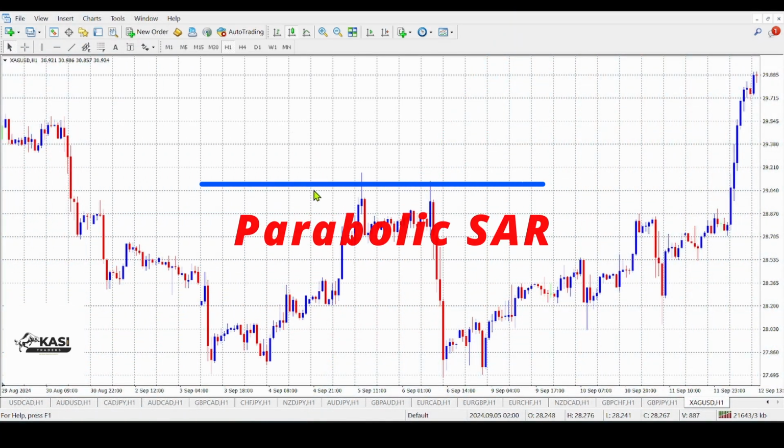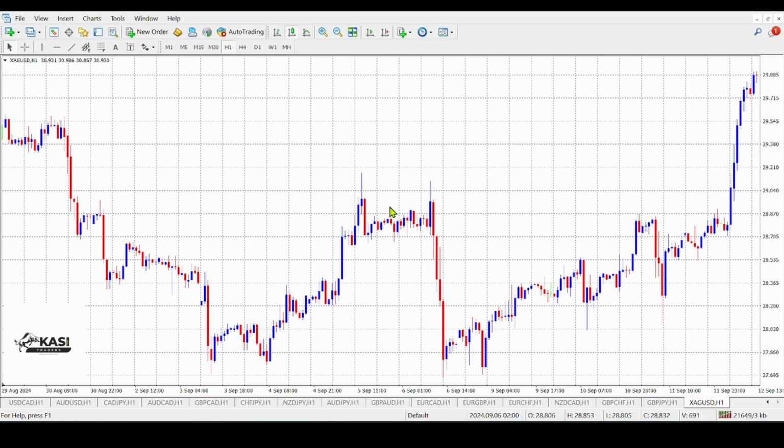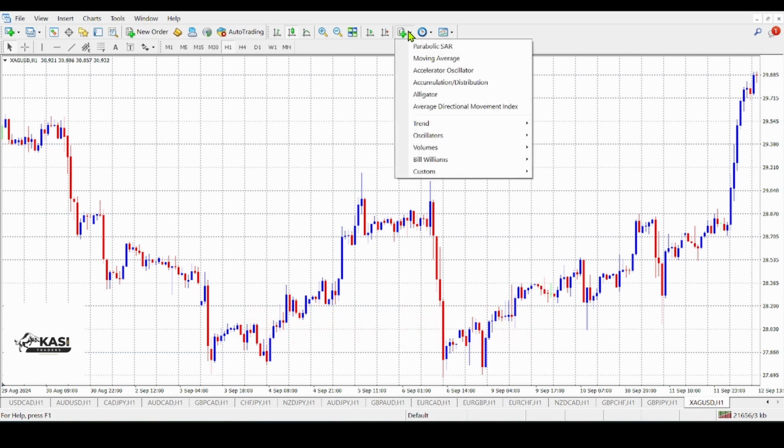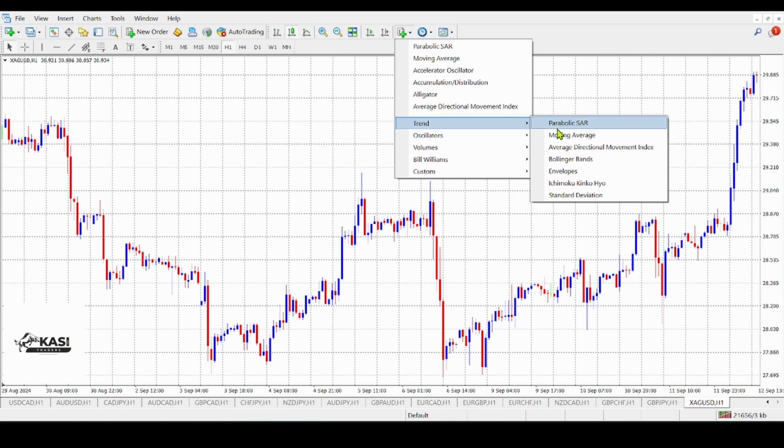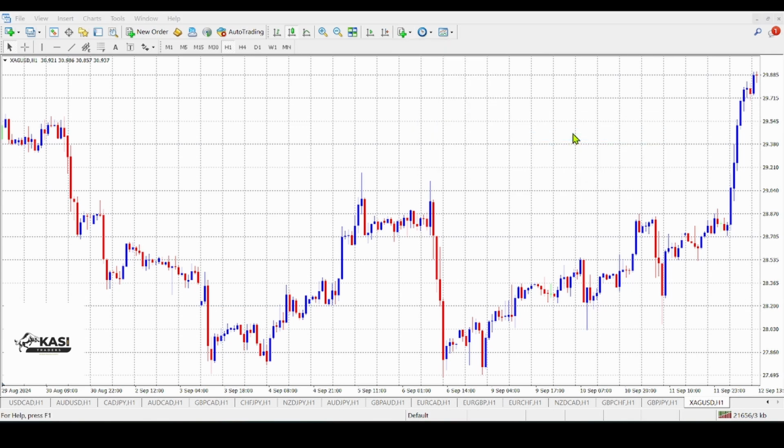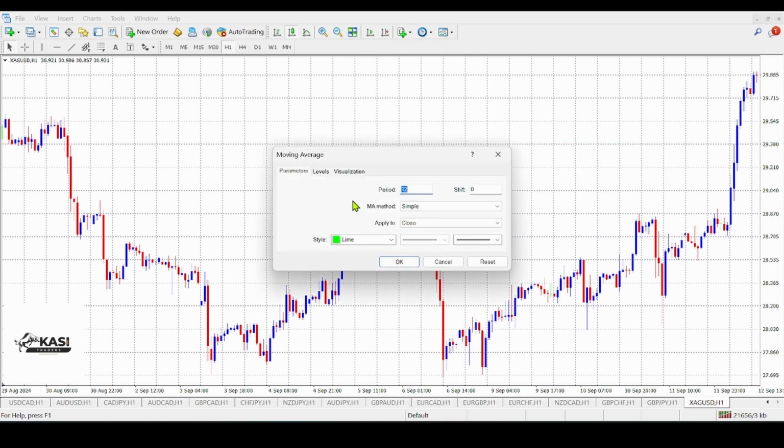Let's go ahead and add these indicators. To add the moving average, you just go to indicators list, then trend, and you will be able to see the moving average. Now we will be using 12 EMA and 5.